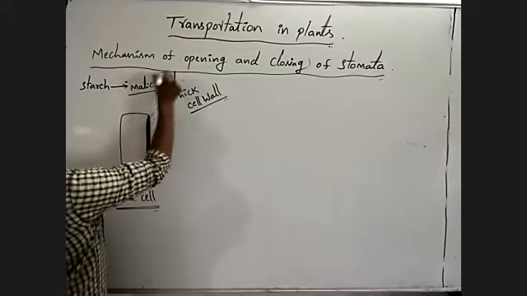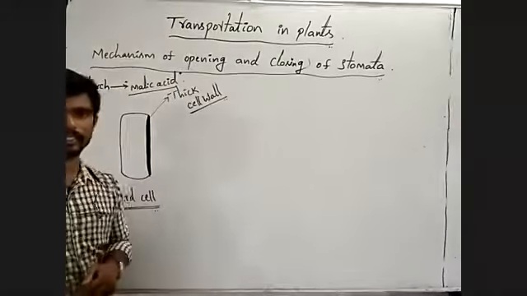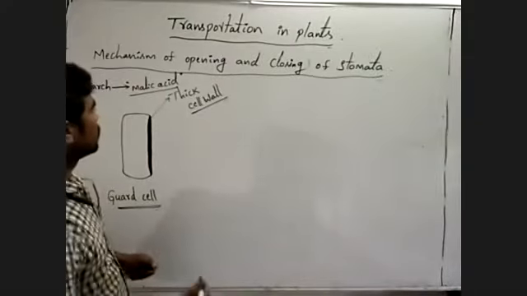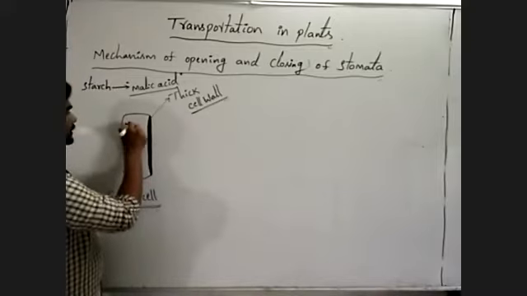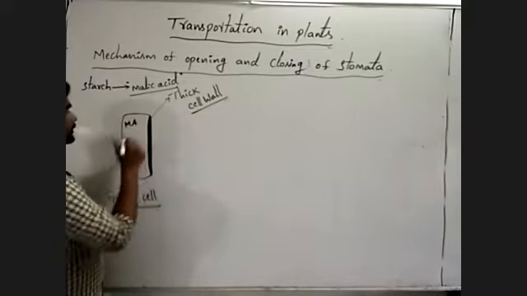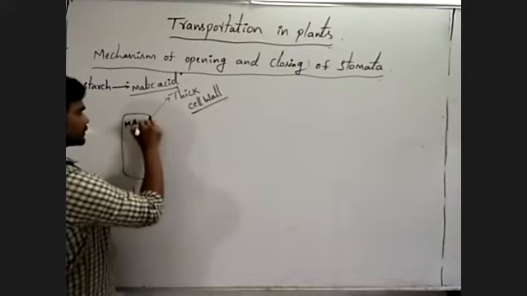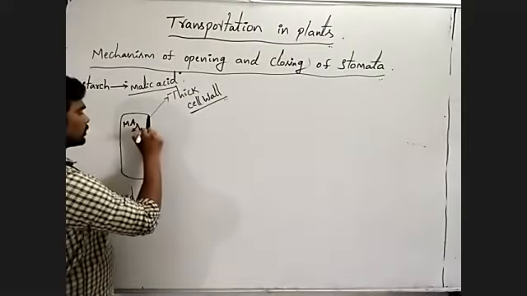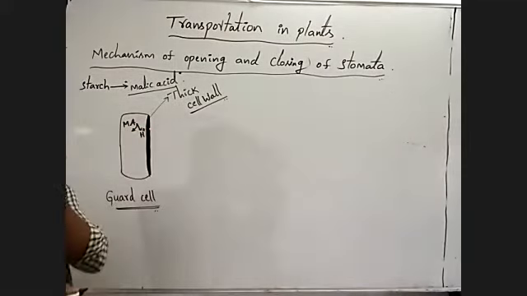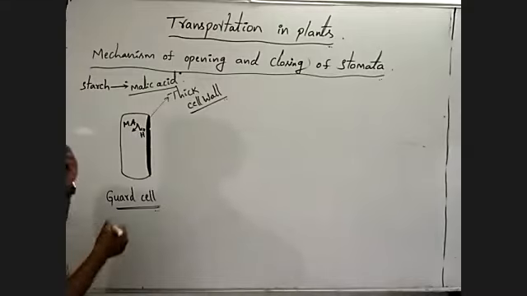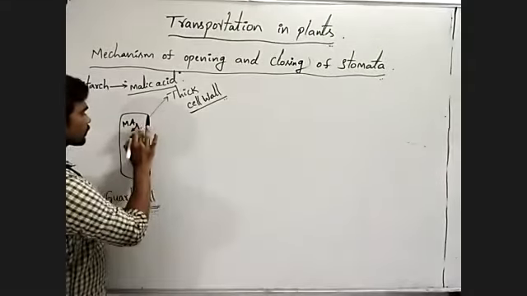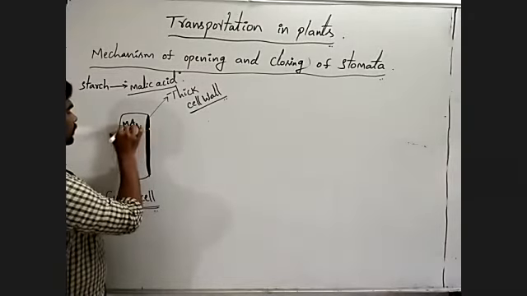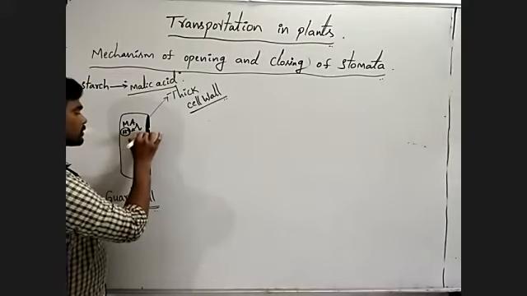First oxalic acid, then malic acid. Observe carefully, malic acid is broken down into H+ ions and malate ion.